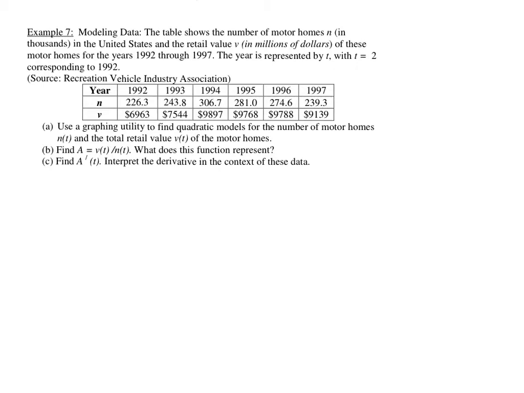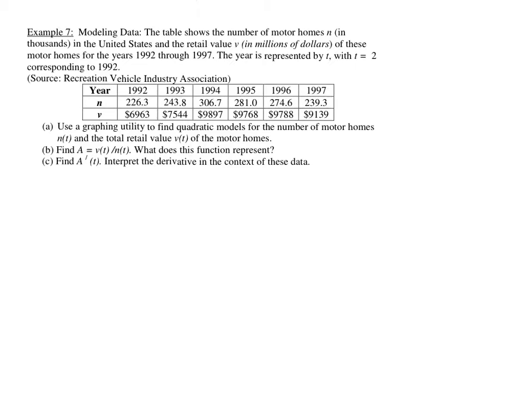Okay, so number 7 here says the table shows the number of motorhomes N in thousands in the United States and the retail value V in millions of dollars of these motorhomes for the years 1992 through 1997. The year is represented by T, with T equaling 2 corresponding to 1992. In other words, they just made 1990 0.